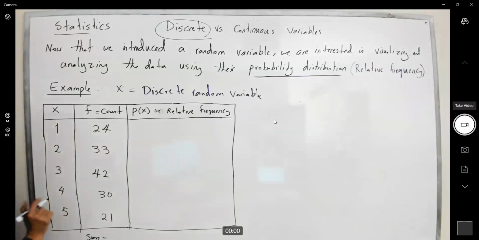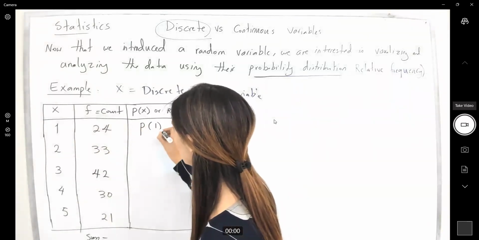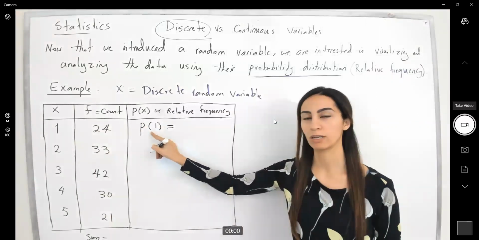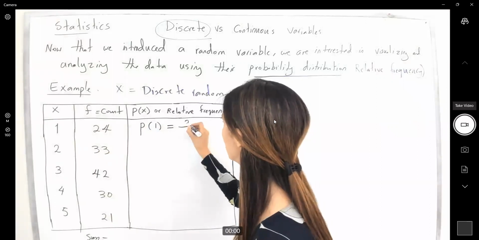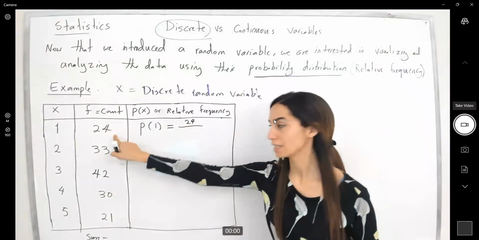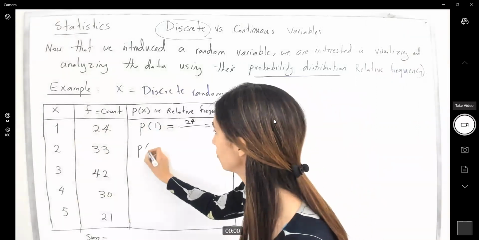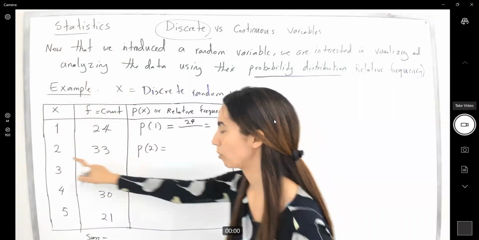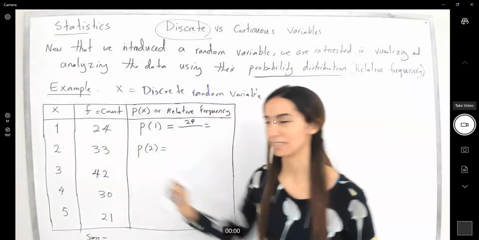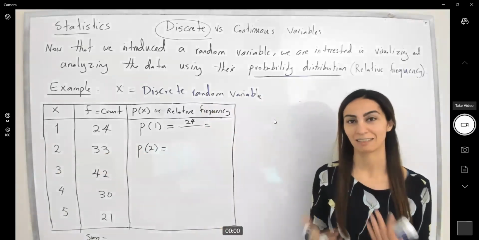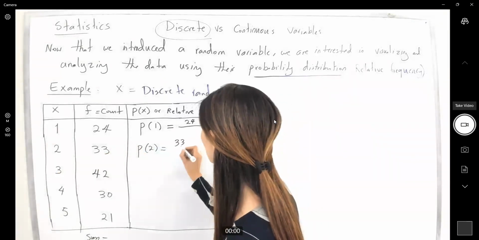You're going to say, the probability of score 1, the probability of the first class, is equal to 24, the count of that class, divided by the total. The probability of the second class, the probability of x equals 2, is the frequency, the count of that exact variable, divided by the total.